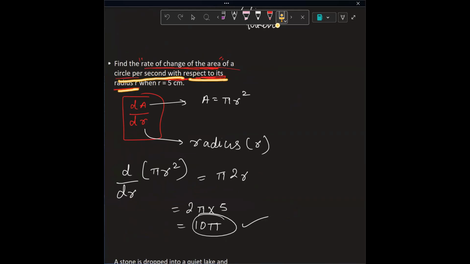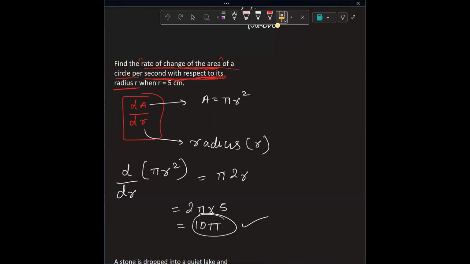All right. Now see, we did a question like: find the rate of change of area of a circle per second with respect to its radius. This is important: with respect to its radius, we need to find the rate of change of area. So in the numerator we have dA, and in the denominator we have dr. We know that the area of a circle is pi r square.